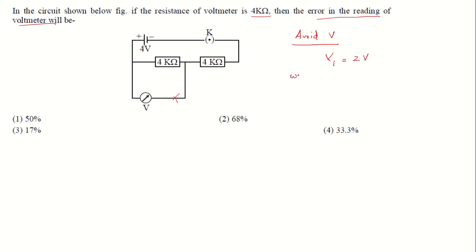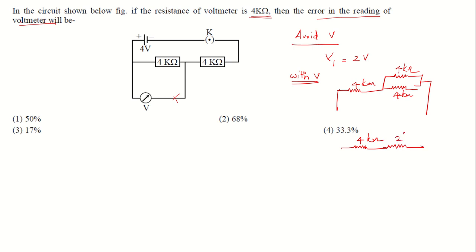But in the second case, with the voltmeter, the circuit changes a little. We measure across the 4 kilo ohm, but the connected voltmeter provides another path, with the voltmeter value as 4 kilo ohm. So this circuit is equivalent to a 4 kilo ohm in series with another 2 kilo ohm, which is 4 kilo ohm in parallel with 4 kilo ohm.